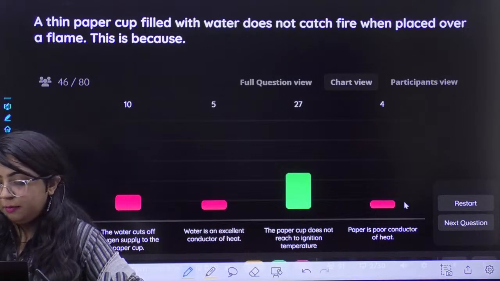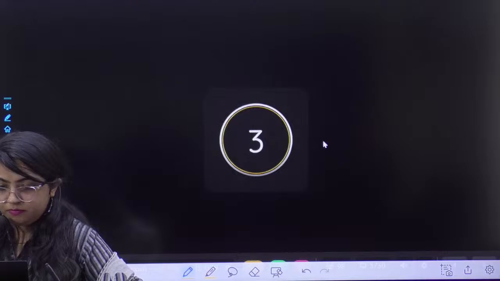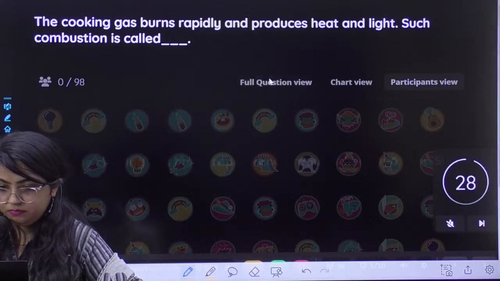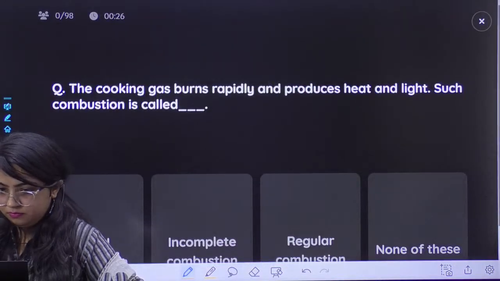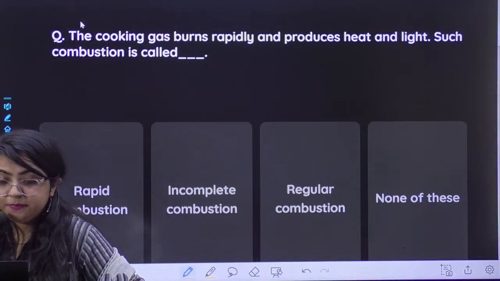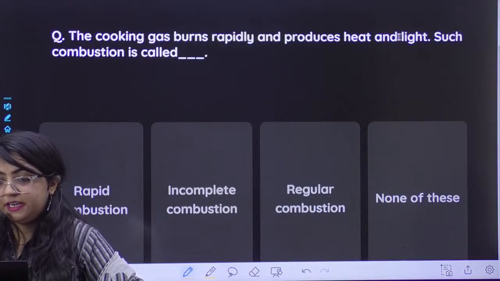Okay, so now we are moving to the next question. It says that the cooking gas burns rapidly and produces heat and light.